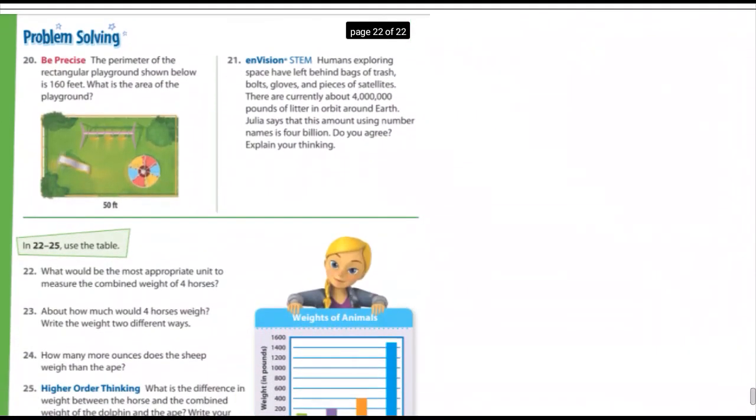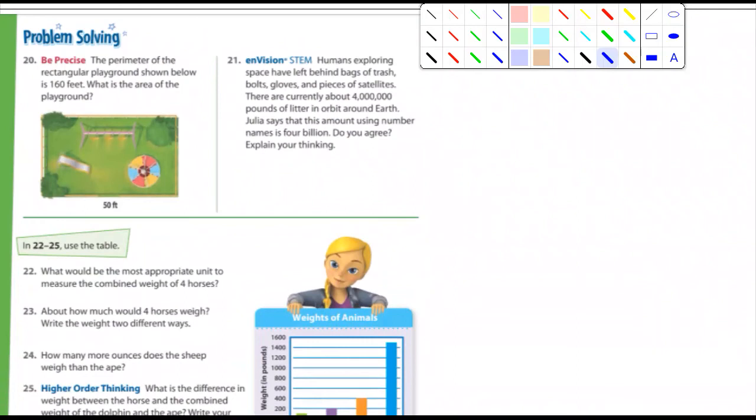Let's drop down to the problem solving. Think about this one. It says the perimeter. Now remember, the perimeter is you're measuring the distance around something. So they give us this side. That's 50 feet. So if that's 50 feet, what's this side? We don't know what these two sides are, but they did give us the total perimeter.